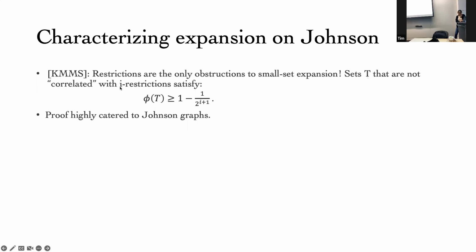An i restriction has expansion 1 minus 1 by 2 to the i, and if you're not correlated with the ith level, then you'll have the expansion of the next level, so 1 minus 1 by 2 to the i plus 1. The downside of this proof is that it's really catered to Johnson graphs, which are highly symmetric and have some nice properties.